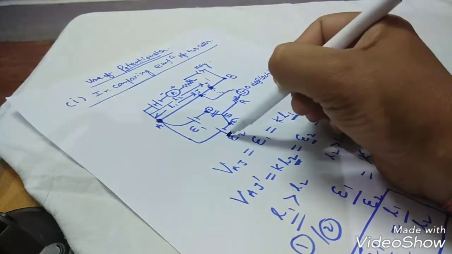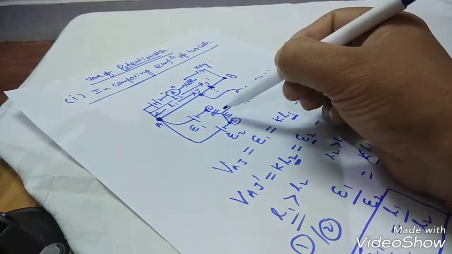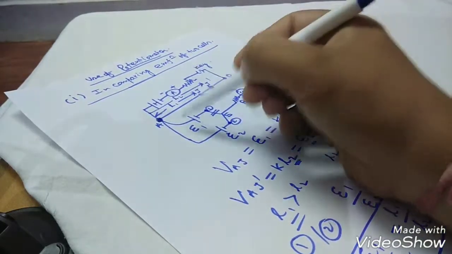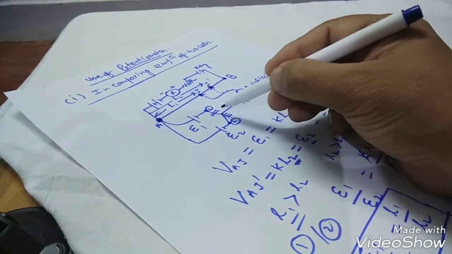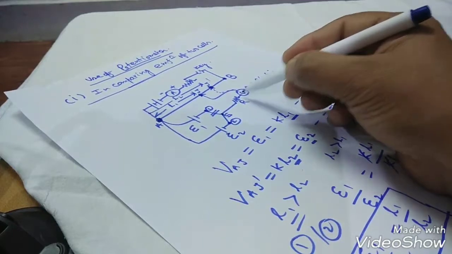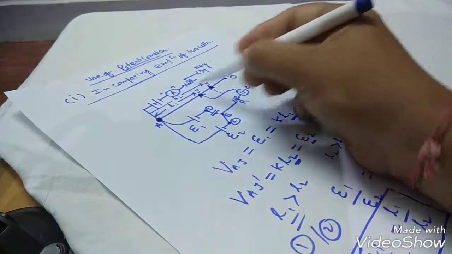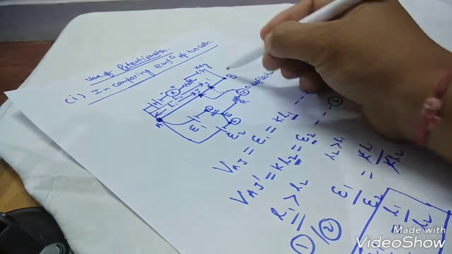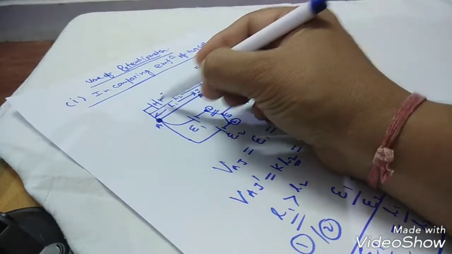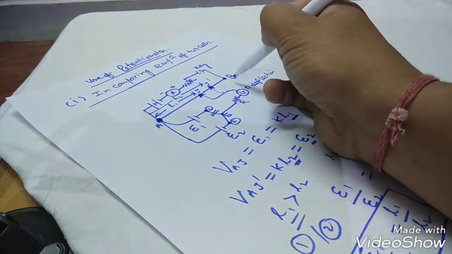We took two cells, and these are connected with the positive terminal of this potentiometer by this two-way key, along with this load resistance and galvanometer, and of course with the jockey. And this potentiometer wire is connected to an auxiliary circuit, which consists of a battery, an ammeter, a rheostat and a key.